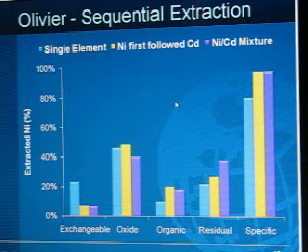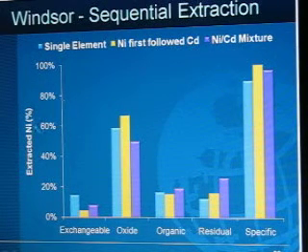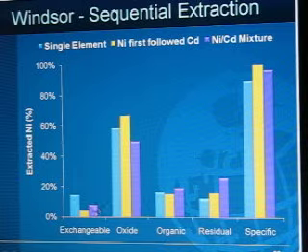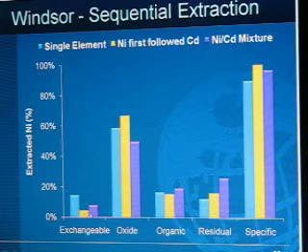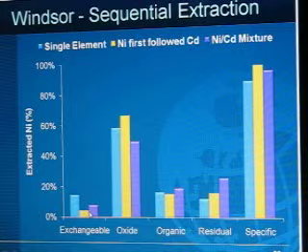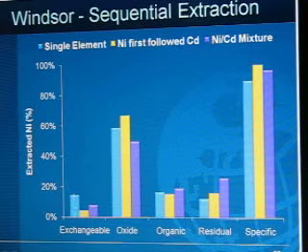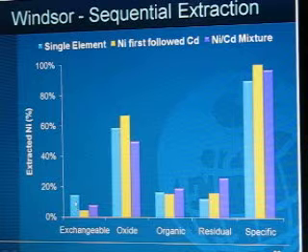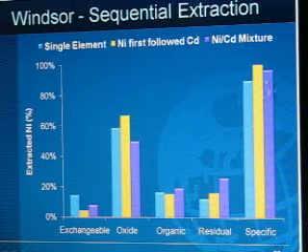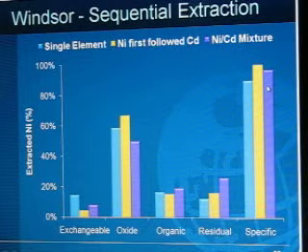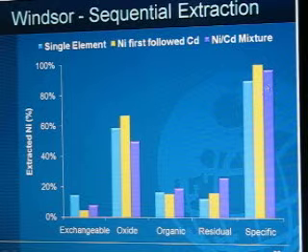The same was also observed for the Olivier soil. This exchangeable fraction decreases when the competition is present, compared to the single element column, and the specific fraction also increases.